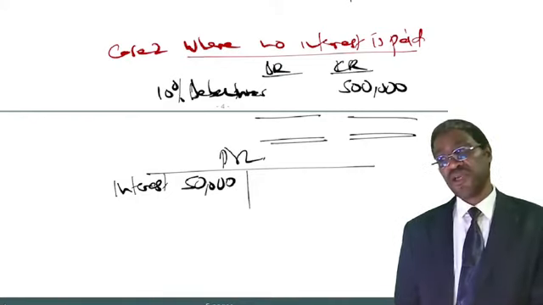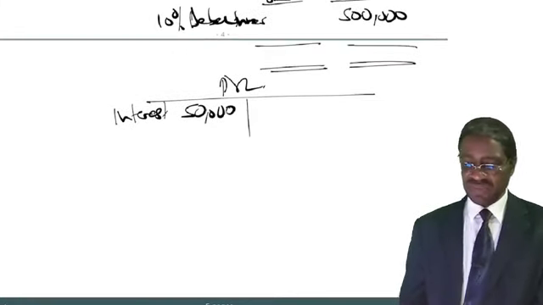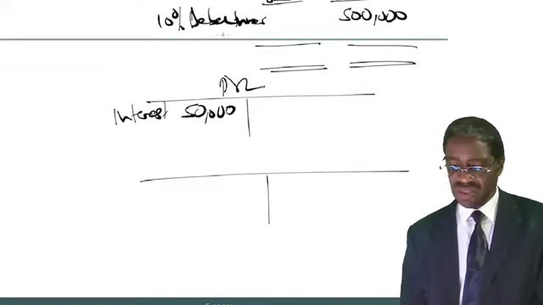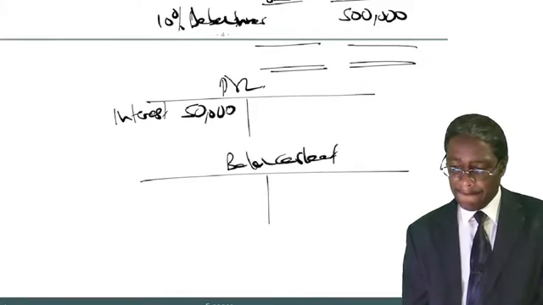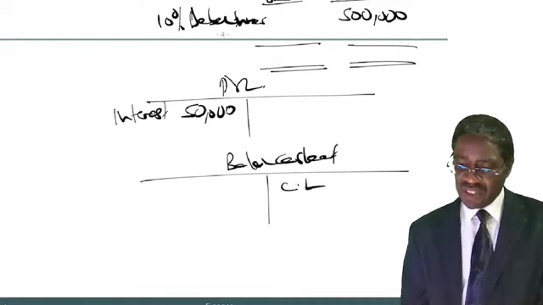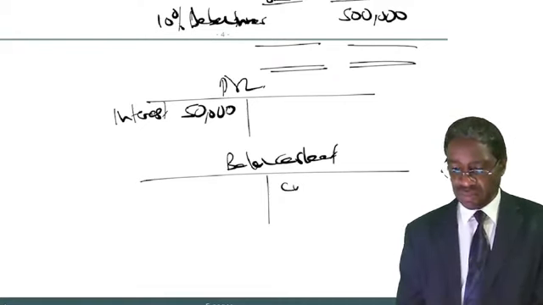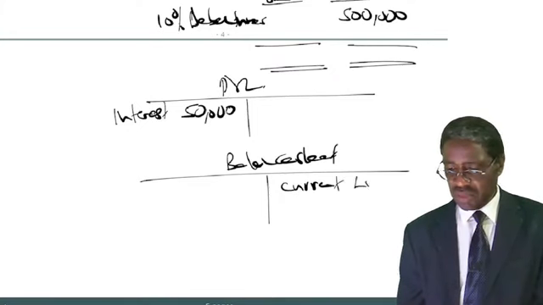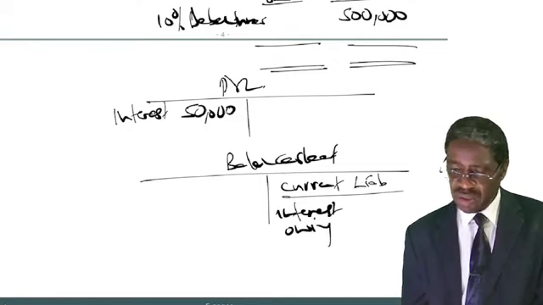Good. We go to the balance sheet now. Among the balance sheet items, we have current liabilities. Among the current liabilities, you have interest owing of how much?